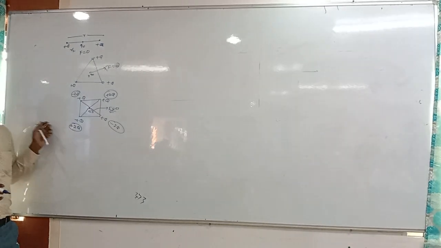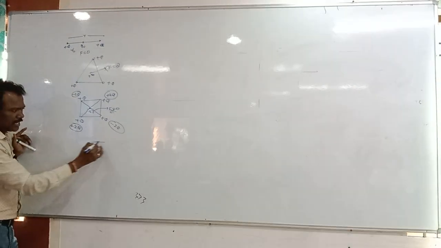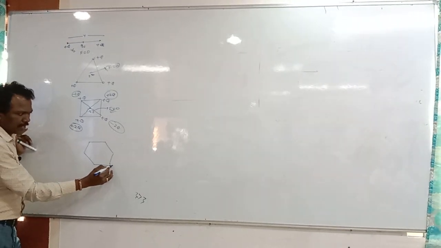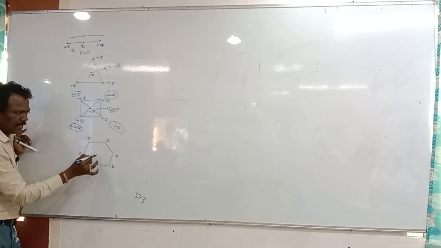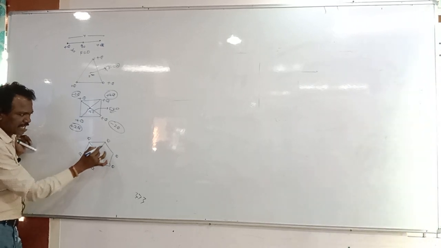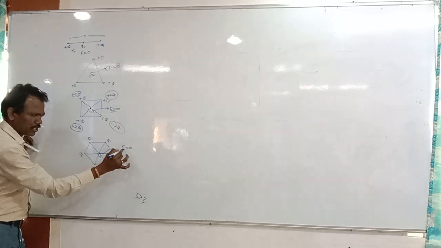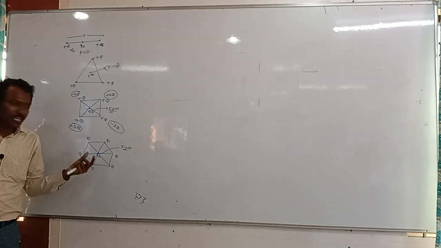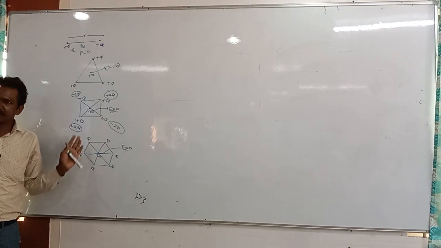Next, for a hexagon with like charges at each corner, the net force on q naught at the center of the hexagon is 0. Q naught is in equilibrium due to these six charges.